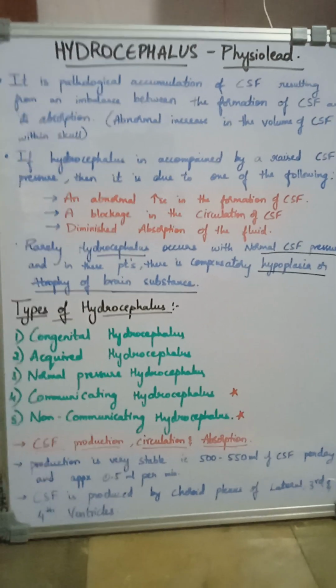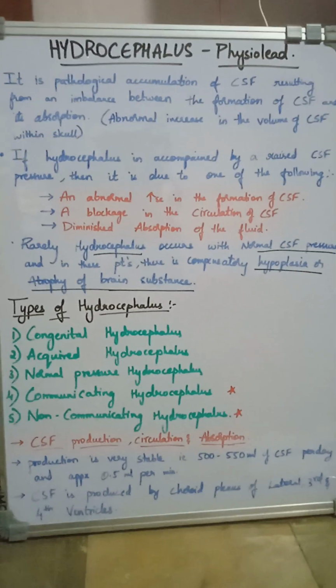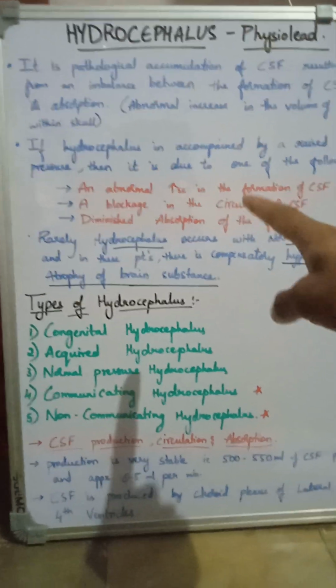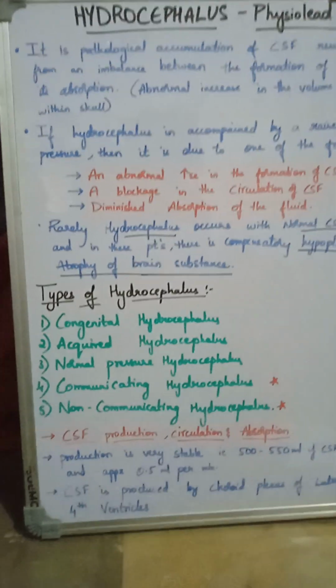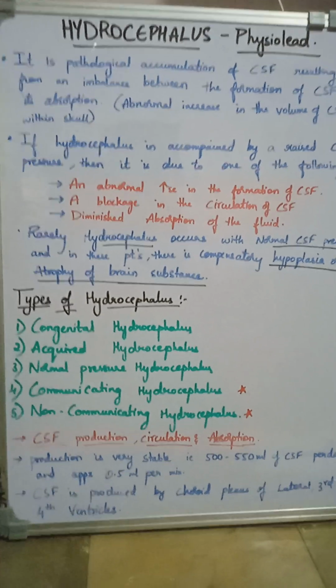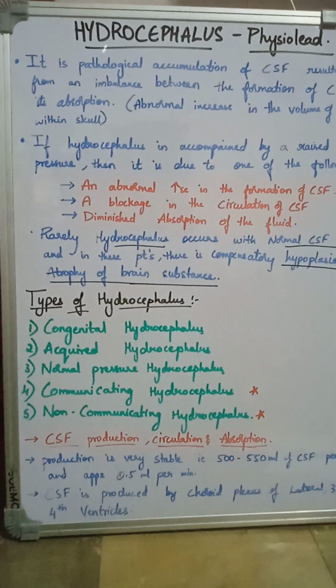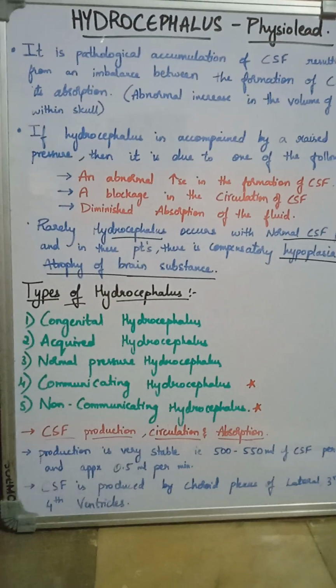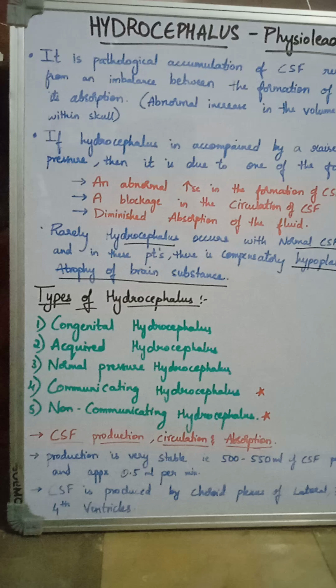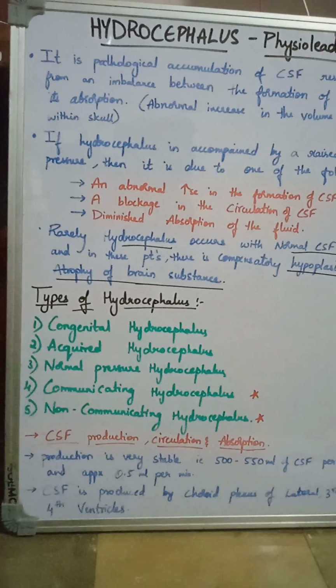One of the reasons for the increase in CSF pressure is, first, an abnormal increase in the formation of the CSF. Normally 500 ml should be produced, but in hydrocephalus there will be more production. The causes will be discussed further.